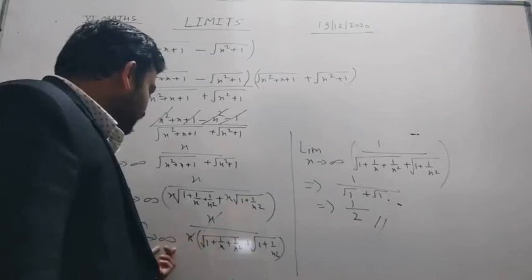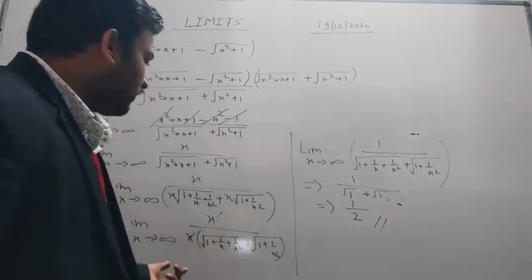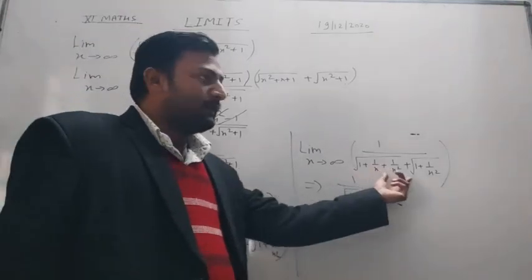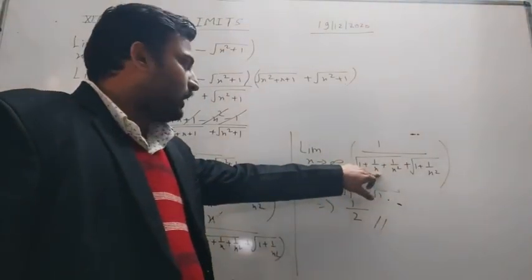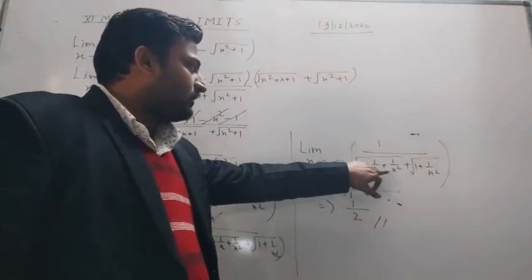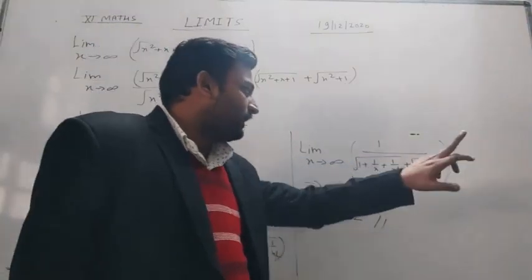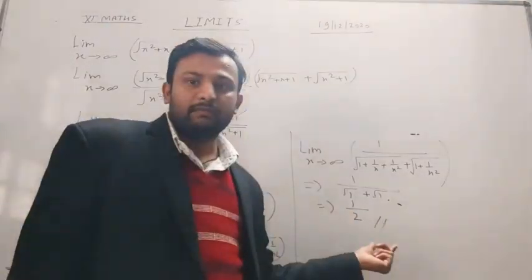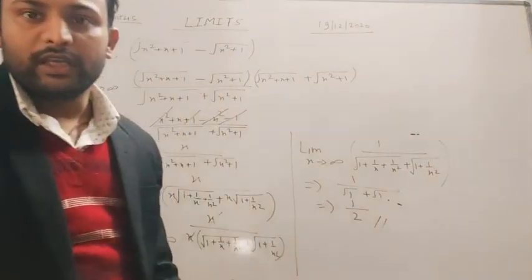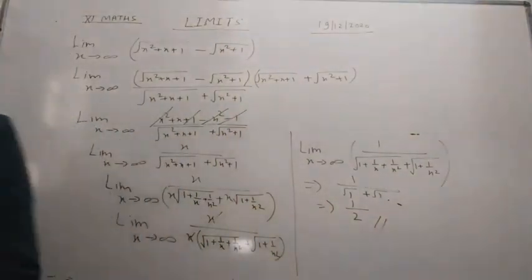Now we put the limit here. As the value of x is infinity, this term will be 0, and this term also will be 0. We get just root 1 and root 1, which will change to 2. I hope you understand, students.